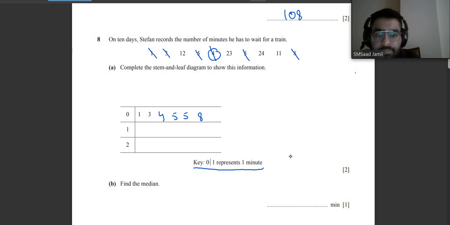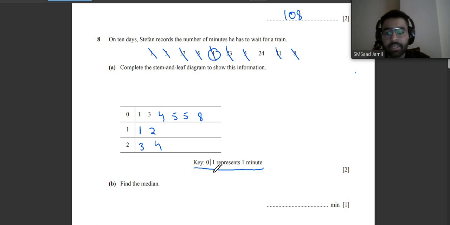So the smallest number is 11. So 1 slash 1 represents 11 minutes. 1 slash 2 represents 12 minutes. Then we have 2, so we will write 2, 3 and 2, 4. And hence we have completed our stem and leaf diagram.